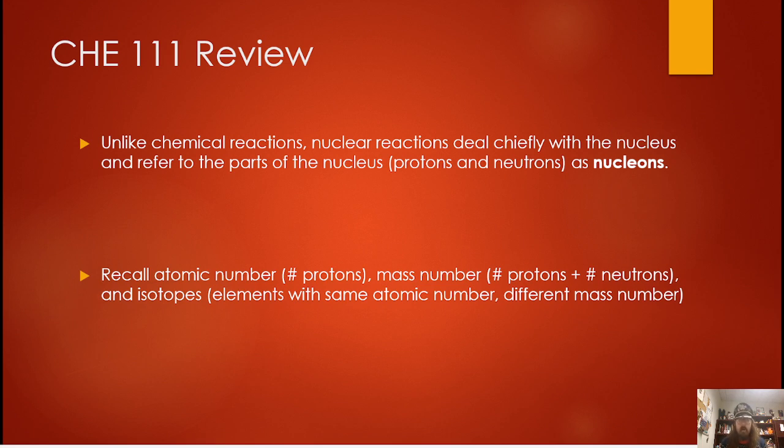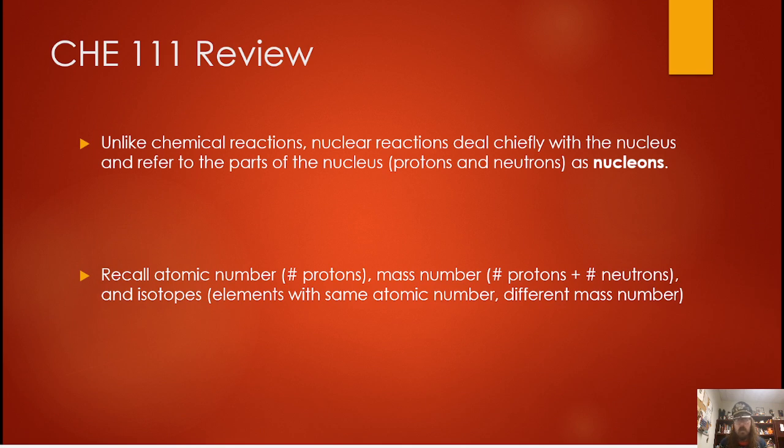Now, unlike a chemical reaction, nuclear reactions do not deal with the electrons, or very little of them deal with the electrons. Instead, they deal chiefly with the nucleus of atoms. Remember, the parts of the nucleus are the protons and the neutrons, collectively referred to as the nucleons.